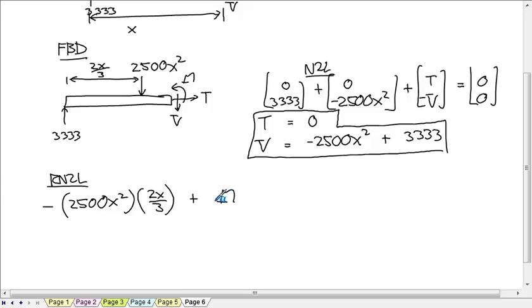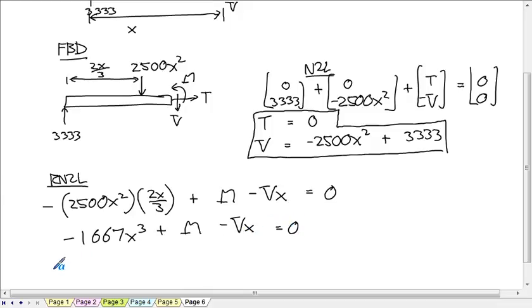Then there's the bending moment, the couple that we're calling the bending moment, minus Vx, and that's all equal to 0. So you get negative 1,667x to the third plus M minus Vx is equal to 0.